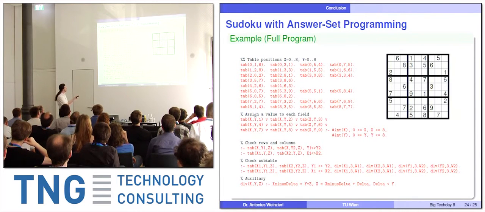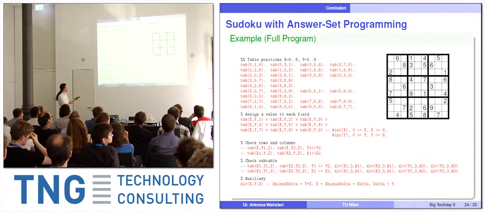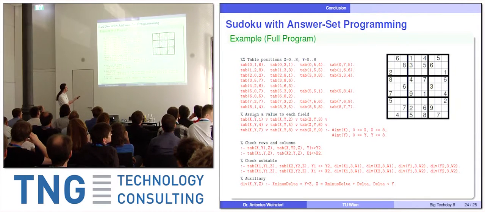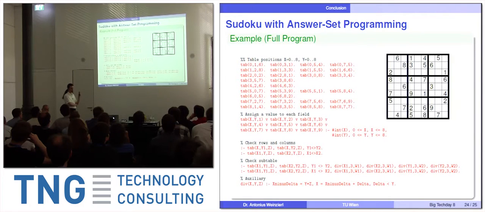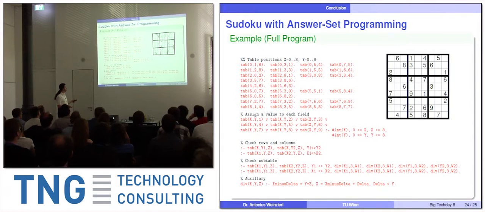Here this line says if I have some row and I have 2 columns and the columns are different and the number is the same, this means I have twice the same number in one row, then this must not be the case. And this is for the columns and this is for the subtables. And this here is my encoding for the actual input.